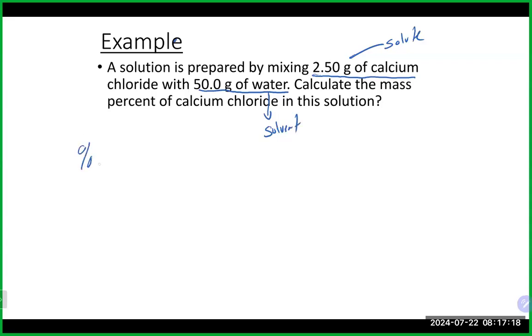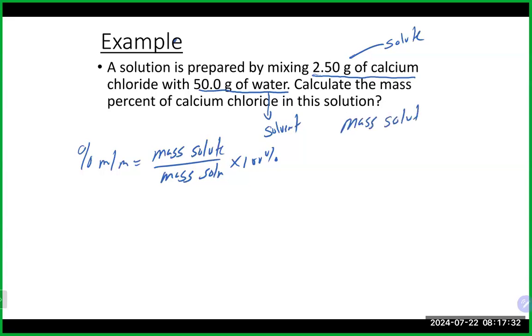So our percent mass to mass is equal to the mass of the solute divided by the mass of the solution times 100%. So in this case, again, we do have the mass of the solute, which is our 2.5 grams. We have the mass of our solvent, which is 50 grams.